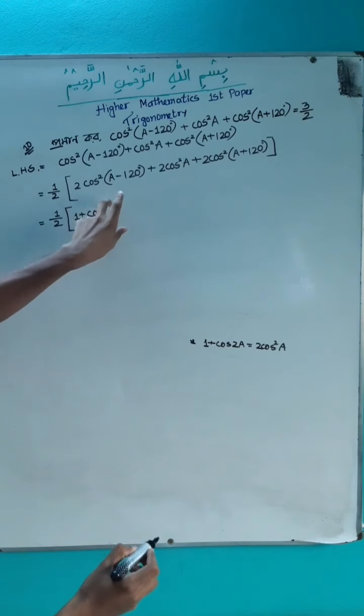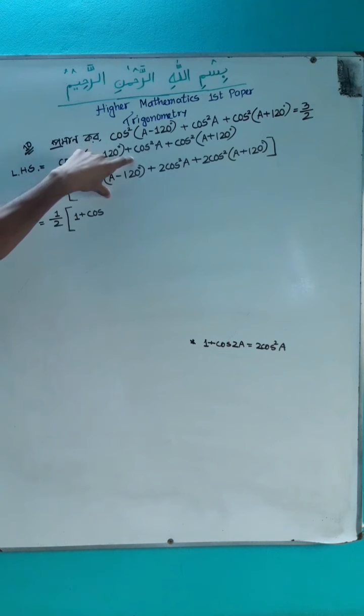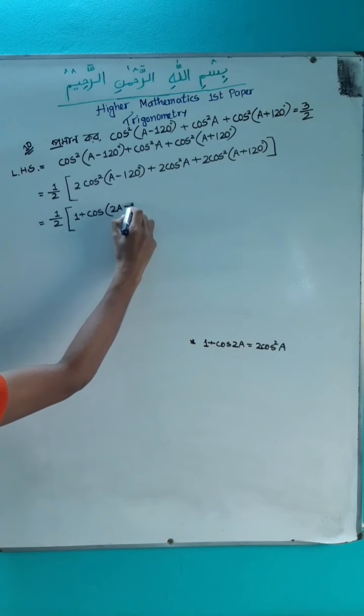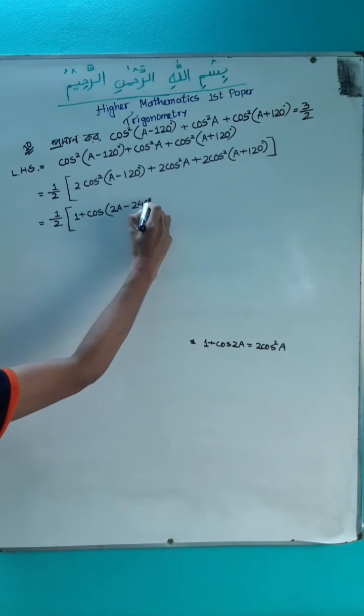That means we have to multiply the term in the bracket by 2. That means 2a minus 240 degrees.